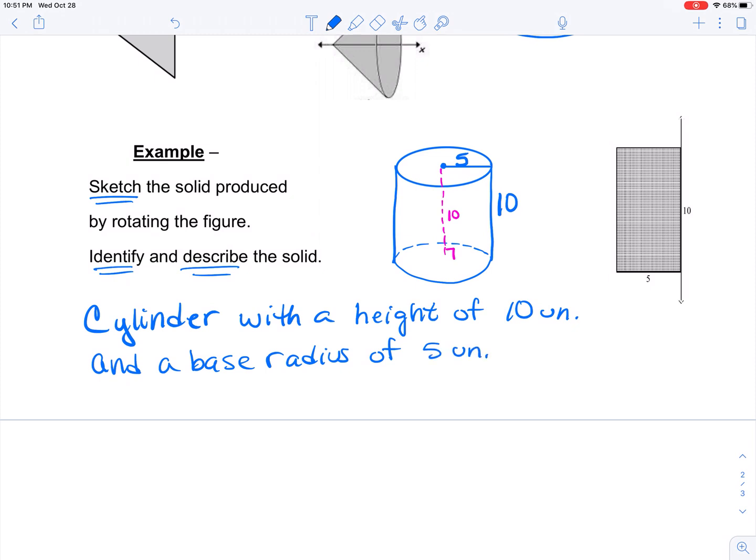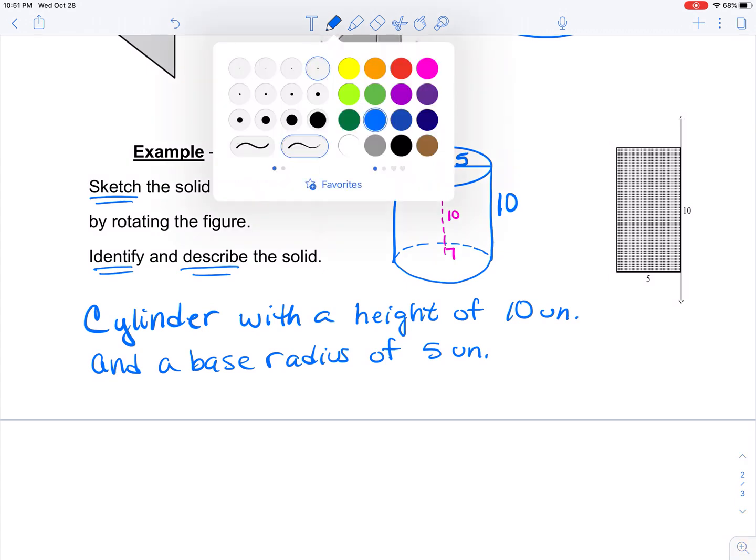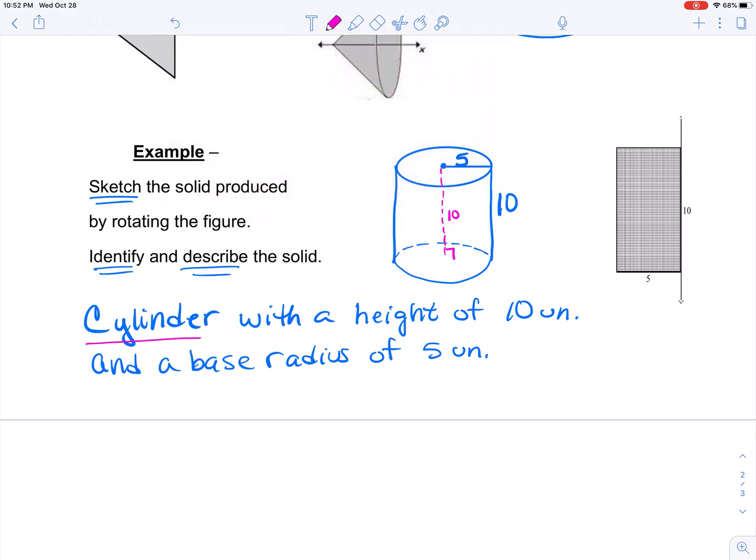So a basic, simple one sentence: I identify the figure, saying it's a cylinder, and then I describe with the height and the radius and what they are. And that is our solid of revolution.